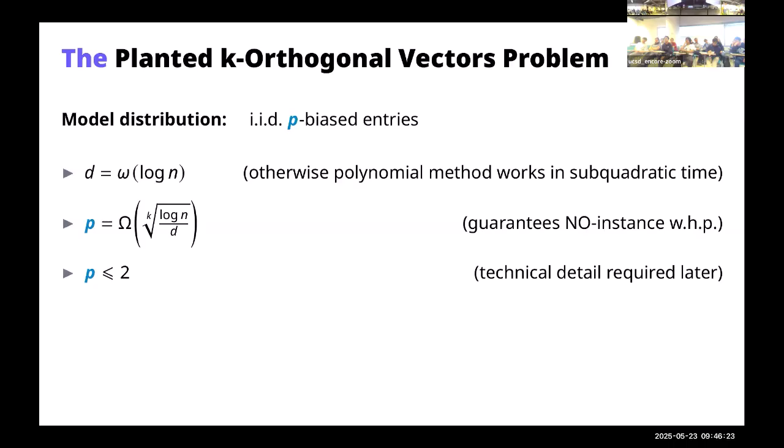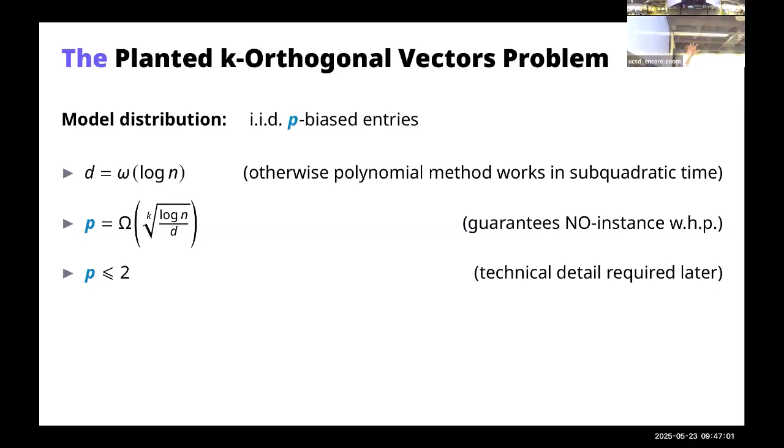Now we need p, the probability of 1, to be at least square root of log n over D. So D is like log n times something slightly super constant, and we want the probability to be 1 over that. For technical reasons, we'll need p, sorry, it should be 1/2. So the probability of 1 is at most 0.5.